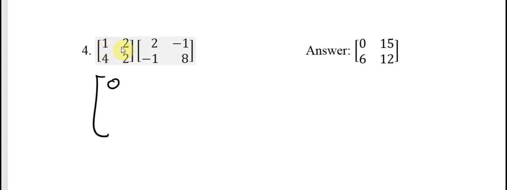And then first row times here the second column, negative 1 plus 16, 15. And then now second row first column, 2 times 4 is 8, plus 2 times negative 1, so that's 8 minus 2, we get 6. And then second row times the second column, negative 4 and 16, so that just gives us a 12.